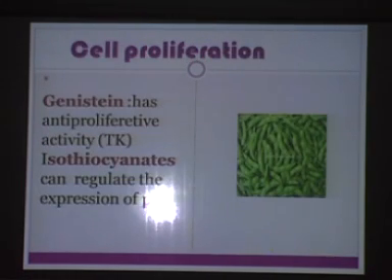We all know that neoplastic cells have rapid proliferation. Genistein, one of the components of soya food, has anti-proliferative activity, and this is through inhibition of tyrosine kinase, which is upregulated in several types of cancer.